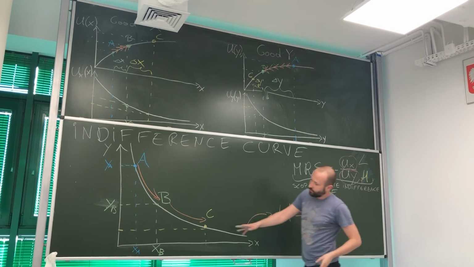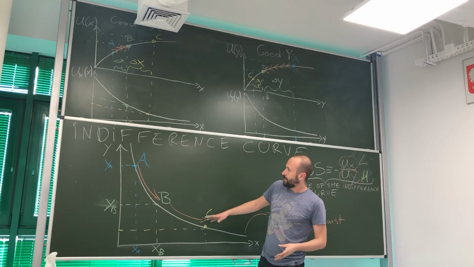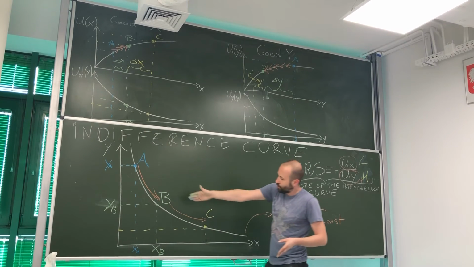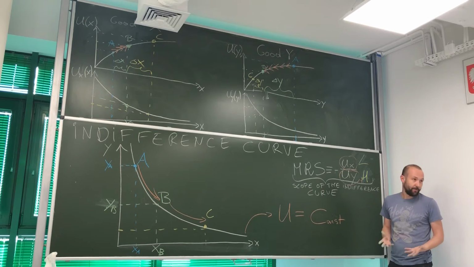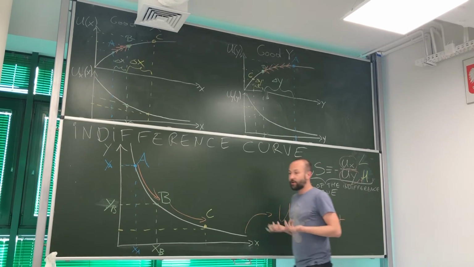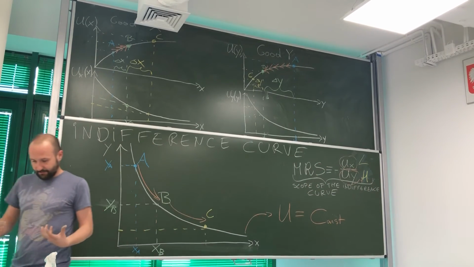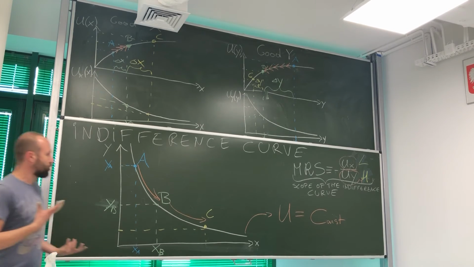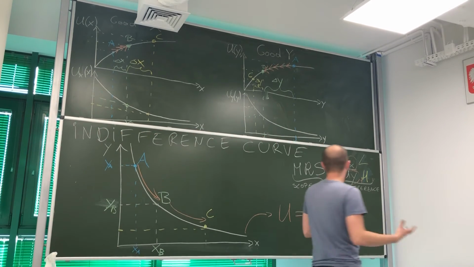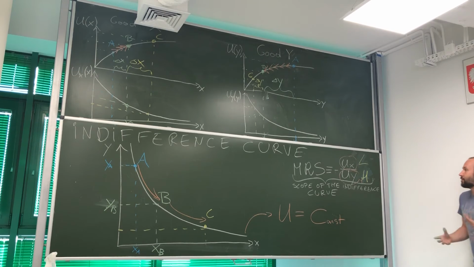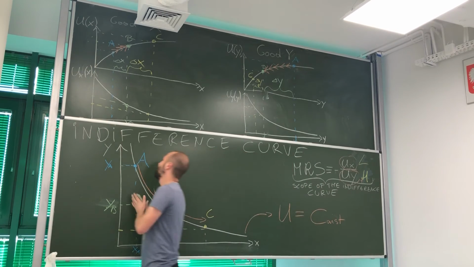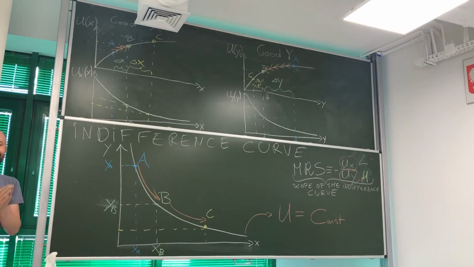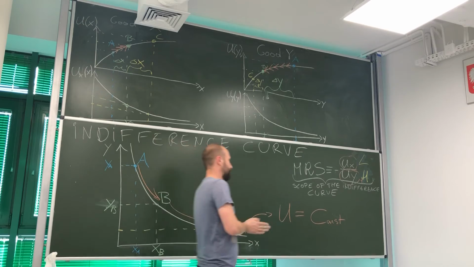And of course, we would expect that because of that, the function will have this specific shape. Okay, and look, this is a more or less formal explanation why the indifference curve behaves in such a specific way.